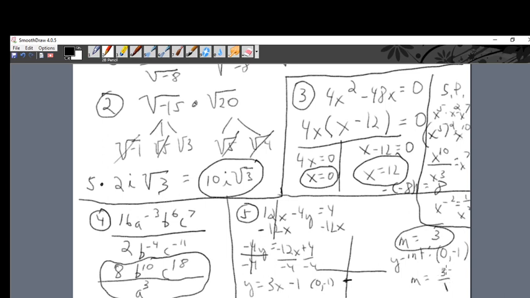Now, what's the top? The top is height. The top is up and down, and the bottom, right? Remember the formula for slope. m is equal to y2 minus y1 over x2 minus x1. This is the height. This is left and right. Okay, the height is 3. Go up 3. 1, 2, 3. And then move over to the right.